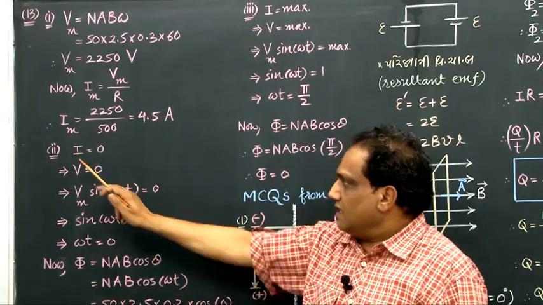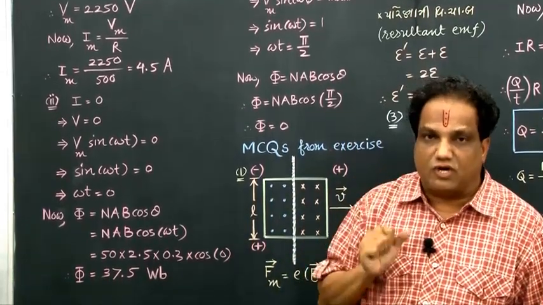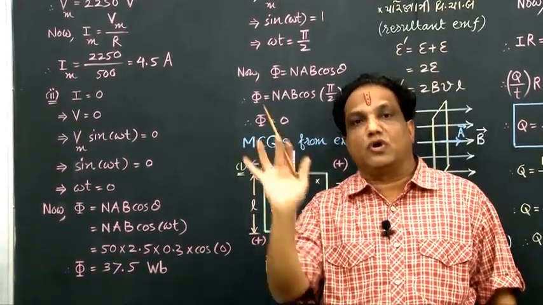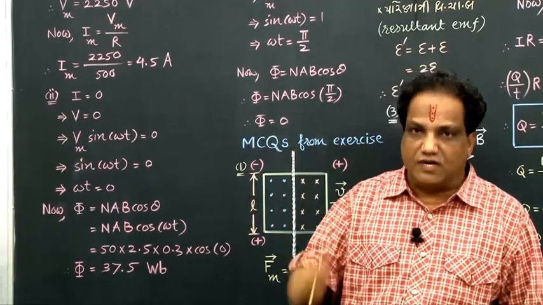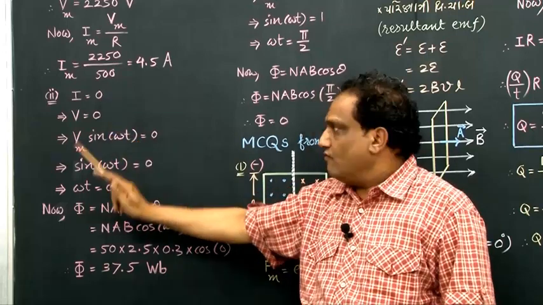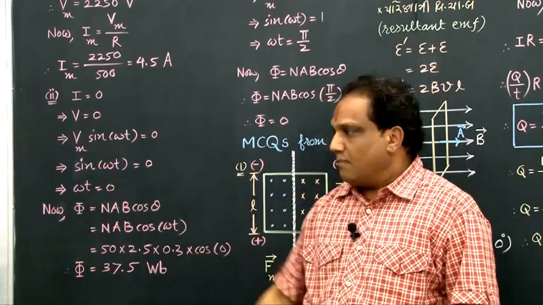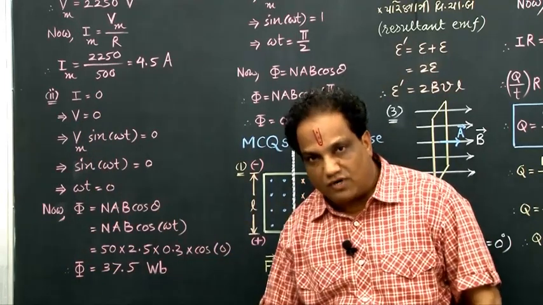Okay. In the second case, they have asked what is the magnetic flux linked with the coil when there is no current through the coil. Let us find out. No current means I is 0. Correct? When current is 0, naturally voltage also will be 0. But what is the formula of alternating voltage?